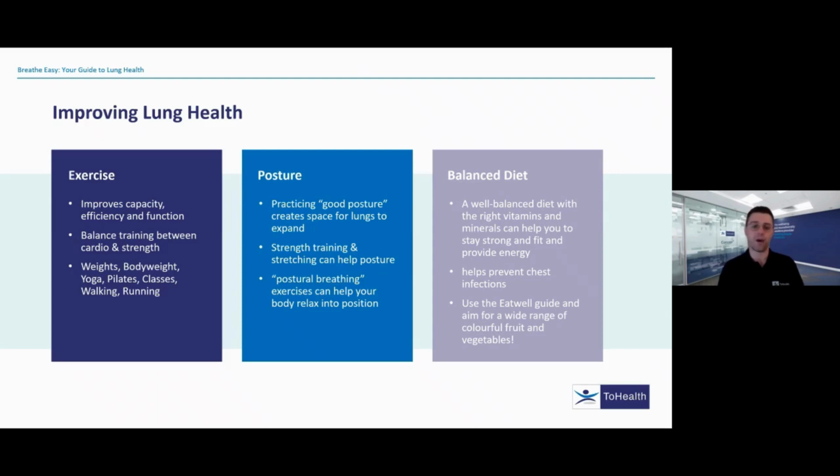These are also high in vitamins and minerals, things like vitamin A and E. And again, these are very important for fighting those infections. So a healthy, balanced diet is key, not only to your lung health, but to overall health. So using something like the Eat Well guide and putting on a rule of maybe everything in moderation can come in very handy when it comes to bulletproofing your overall health and your lung health.